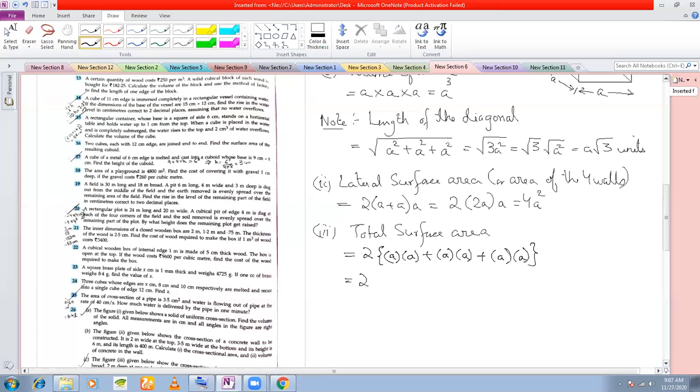You get twice of (A square plus A square plus A square), which is 2 into 3A square, which is 6A square. The total surface area of a cube is 6A square. Remember these formulas, and these are the only formulas that we'll require to work out the problems that follow.